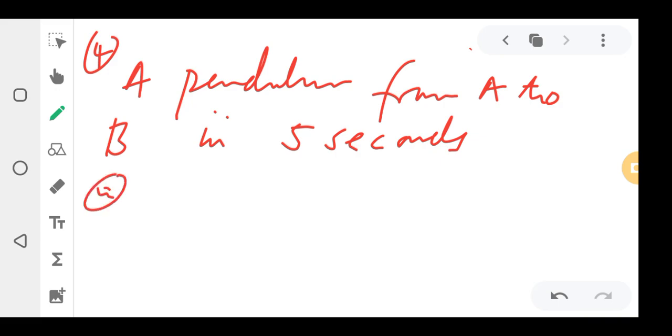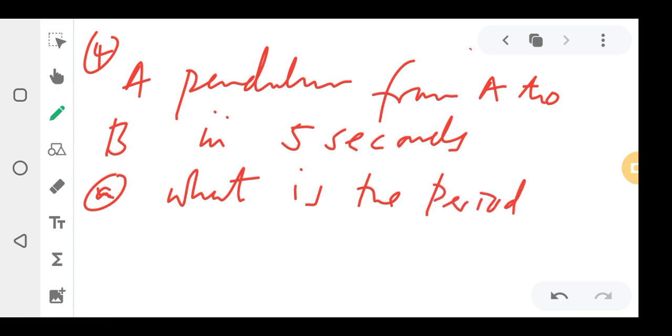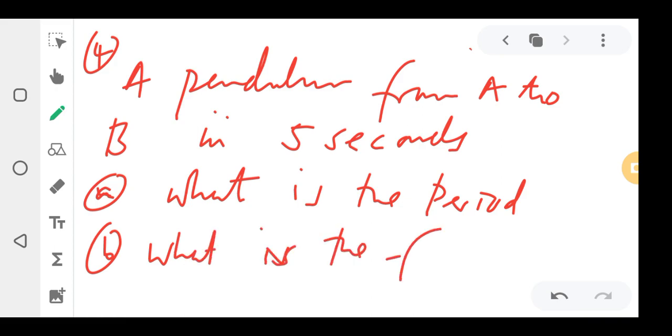A, what is the period? B, what is the frequency?